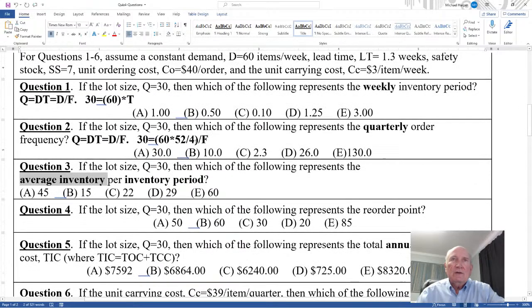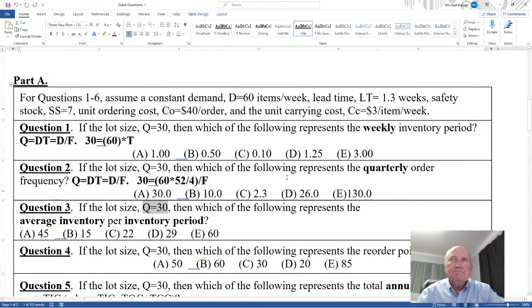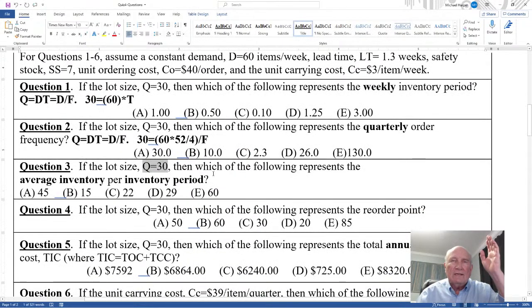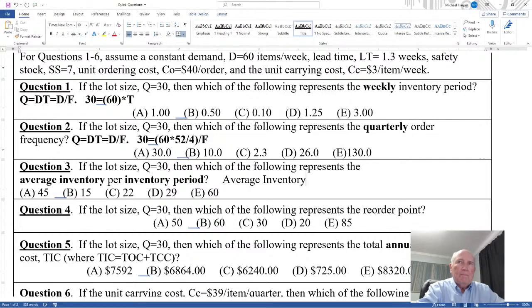Well, here Q is going to equal the lot size, right? And so the average inventory per inventory period is going to be the 30 over 2. But then we add the safety stock. And the safety stock up here is 7. And so basically that's really all there is to it.